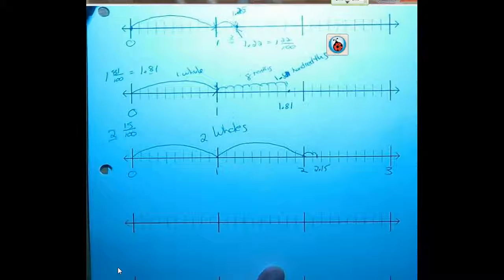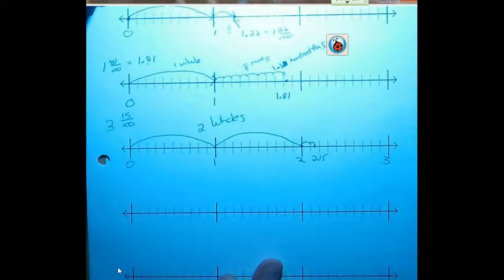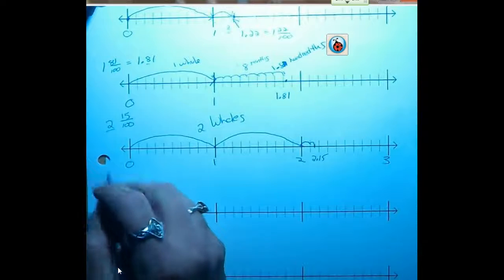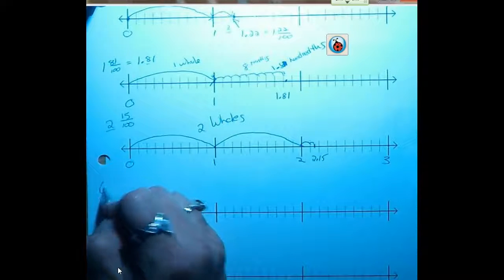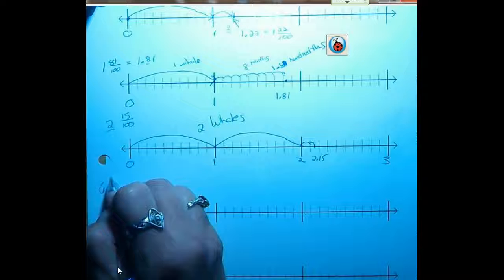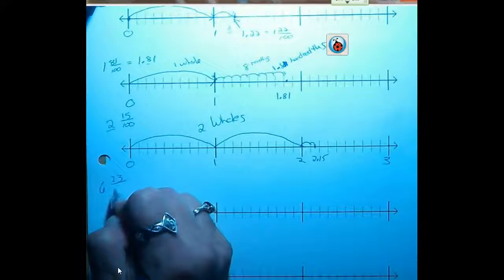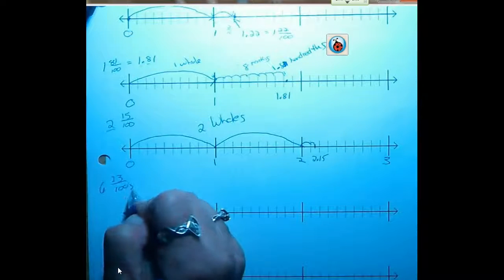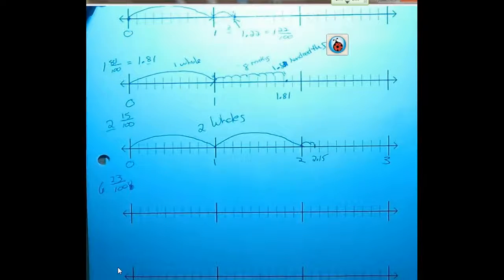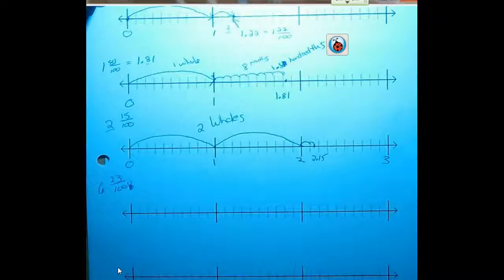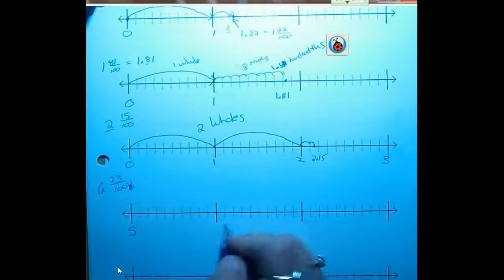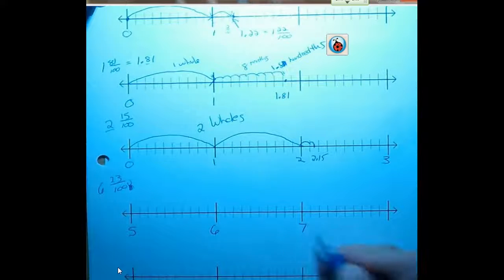Now, you have this number line. What if you're given a problem that says 6 and 23 hundredths? Okay, well, we don't have enough room on our number line to do that. But we can start our number line at any number we want. So I am going to start my number line at 5. This is going to be 6. This is going to be 7.